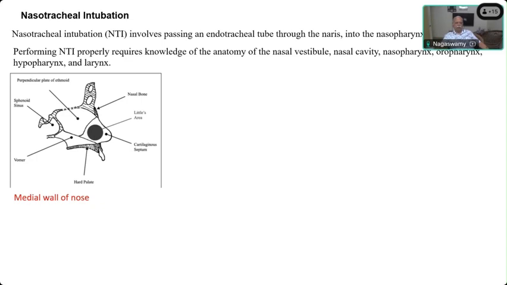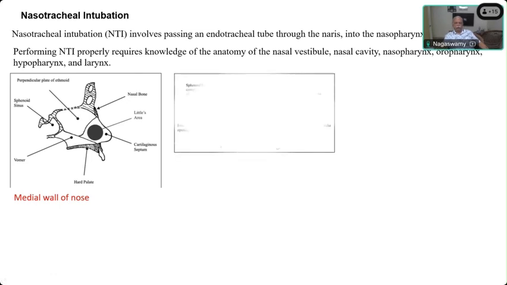Okay, so to avoid that bleeding is why we use the vasoconstrictor to shrink all these vessels. And this is the vomerine bone, and this is the nasal bone, and this is the hard palate which forms the floor of the nostril. Okay, so the floor of the nose is formed by the hard palate of the mouth.